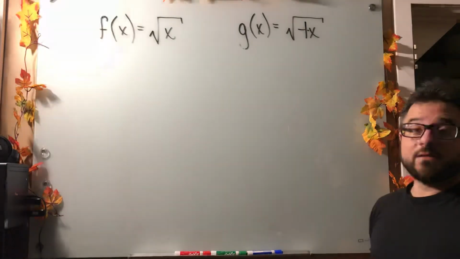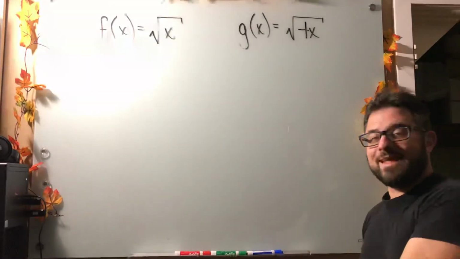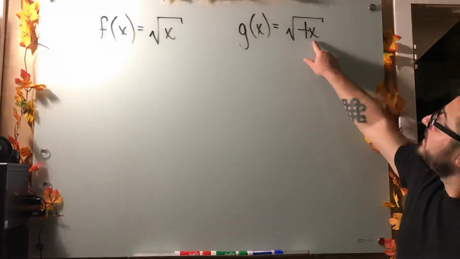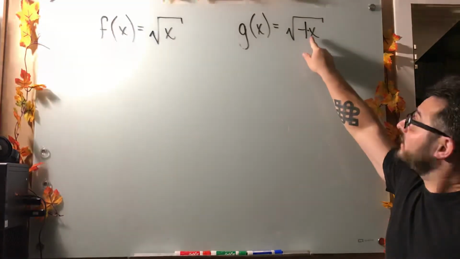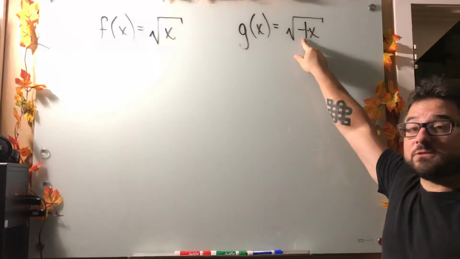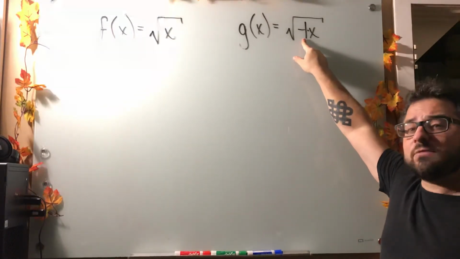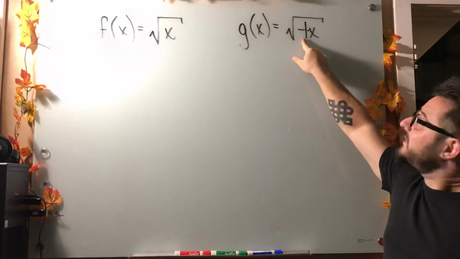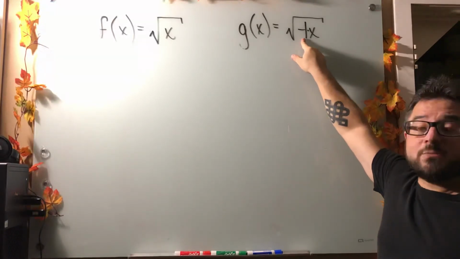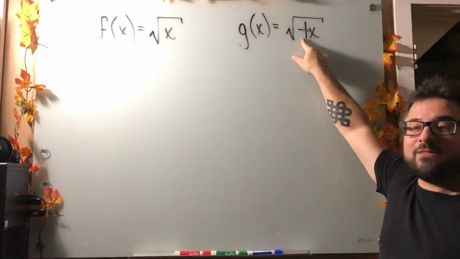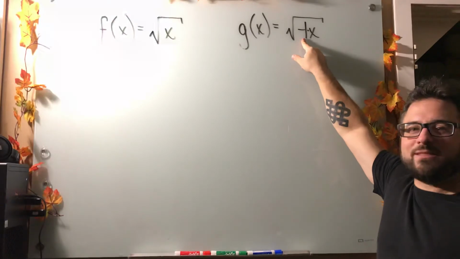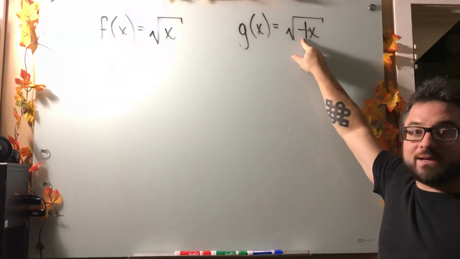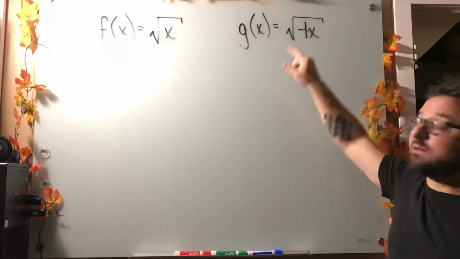Instead of performing the original operation and then multiplying by -1, this would have us take the x value and multiply it by -1 first. So that change in the order of operations, that change in when this multiplication by -1 occurs, means that even though it's the same operation with the same value, multiplication by -1, it has a different effect.